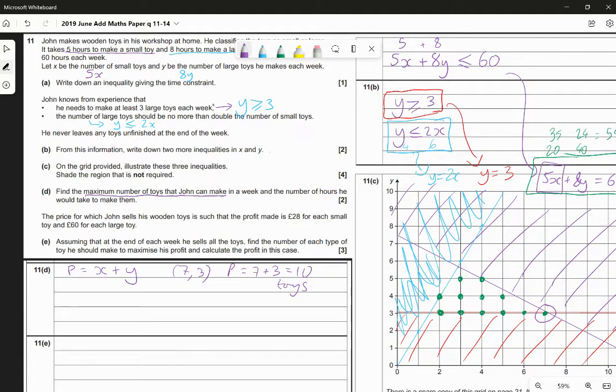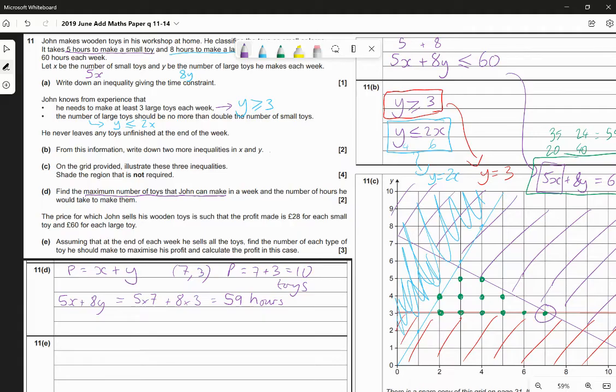So it's 5x plus 8y is the number of hours. So for this, 5x plus 8y would be 5 lots of 7 plus 8 lots of 3, which I've already done to check that it worked, and that was 59. So that takes 59 hours to make the most number of toys he could make.